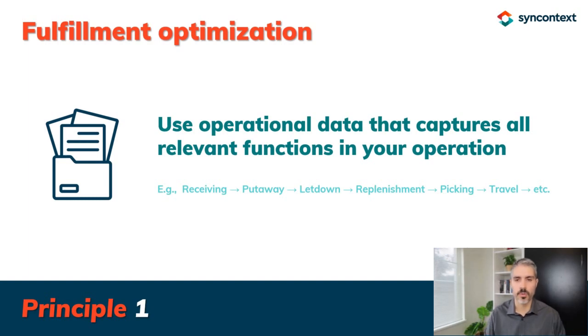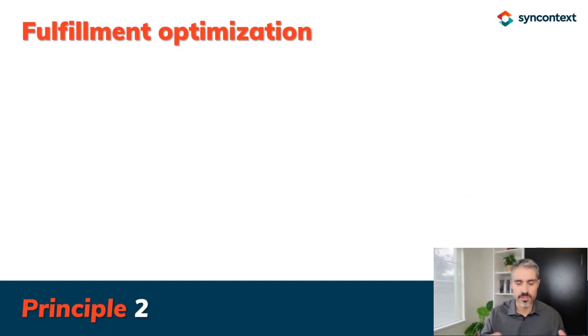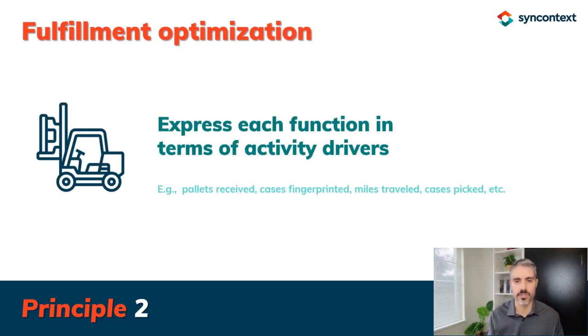The second principle is, once you have all the functions captured with your operational data, you need to express each of the functions in what we call activity drivers, which is the unit of work that drives activity in each of the functions. So for example, if we're talking about receiving, we can look at it from trucks received. If we're talking about unloading, we can talk about pallets unloaded.